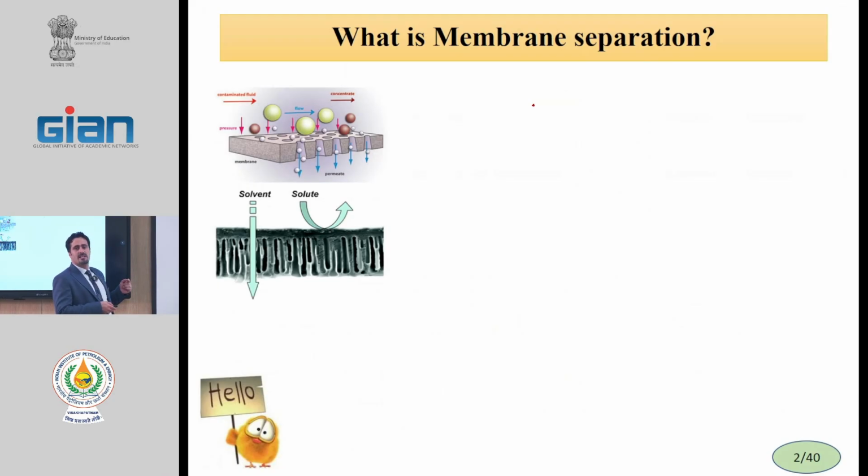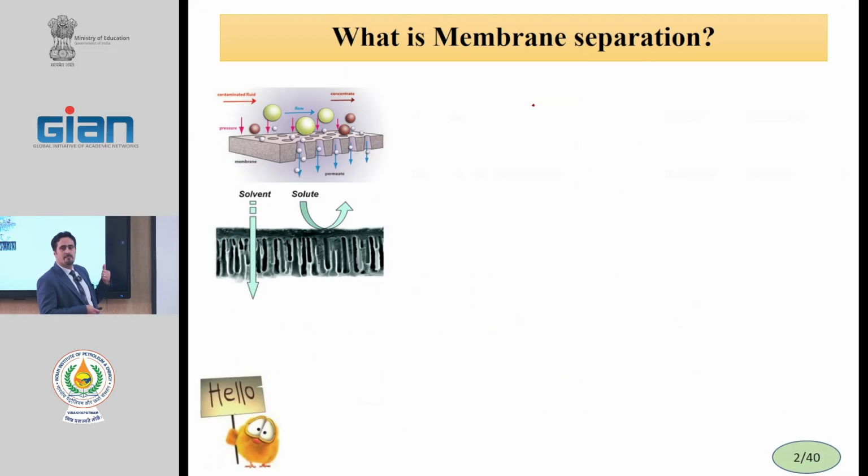In filters, we only separate solids from fluids. We separate particles from air. We separate particles and microorganisms from water with filters. Okay? The fluid, the gas, or the liquid passes through the filter, and the solids do not pass.